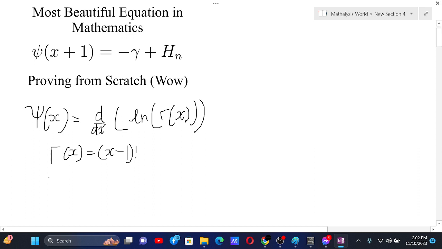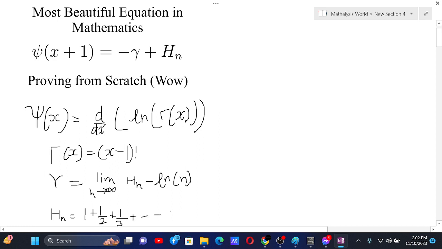And now, what is the Euler-Mascheroni constant? This is the limit as n tends to infinity of Hn minus ln of n. Now what is this Hn? Hn is the discrete sum of the reciprocals: 1 by 1 plus 1 by 2 plus 1 by 3 up to 1 by n.